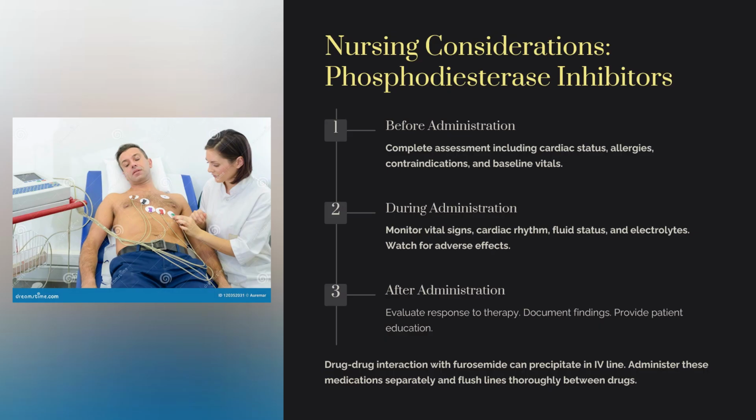There are different things that can occur, but I usually just describe that as crystallization can happen in the IV line if it is given with furosemide. So if they're getting IV Lasix and IV milrinone, then it needs to be either given in different IVs or make sure that you flush properly and not give them at the same time. I have seen this happen.